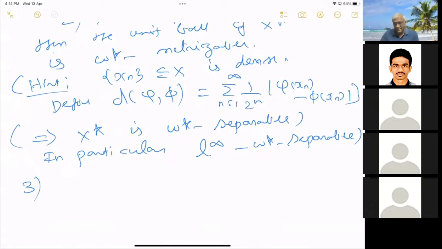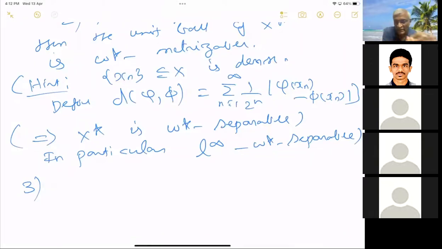Okay, you can take the same coordinate function in L infinity. No. See, the thing is, you have these coordinate functions in L1, which act as linear functionals.